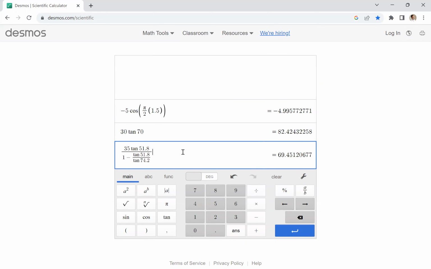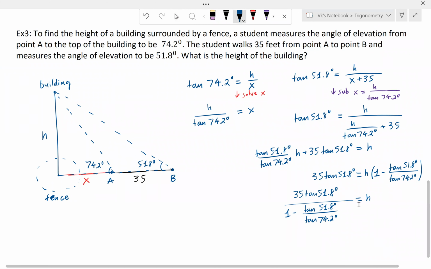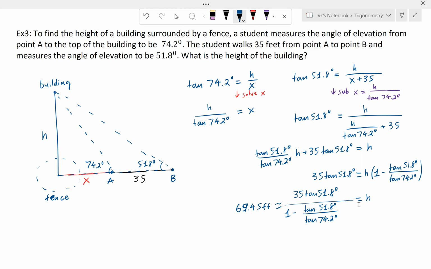Yay! Look at this. 69.45. Pretty amazing. Approximately 69.45 feet.